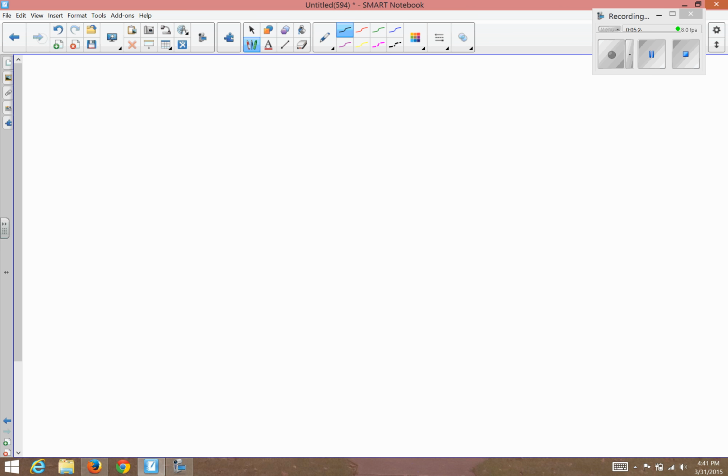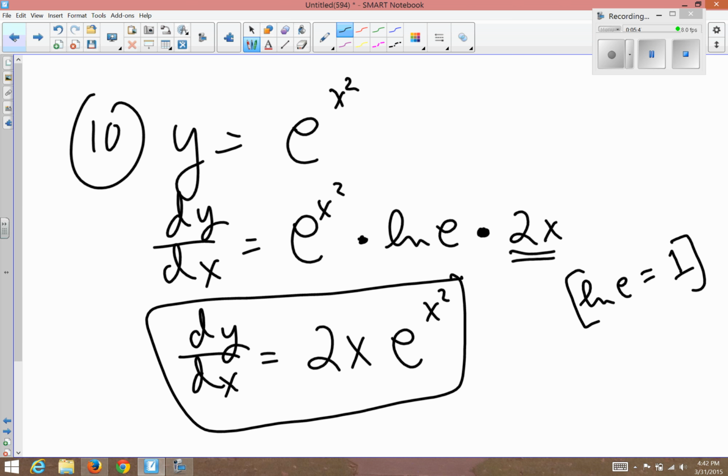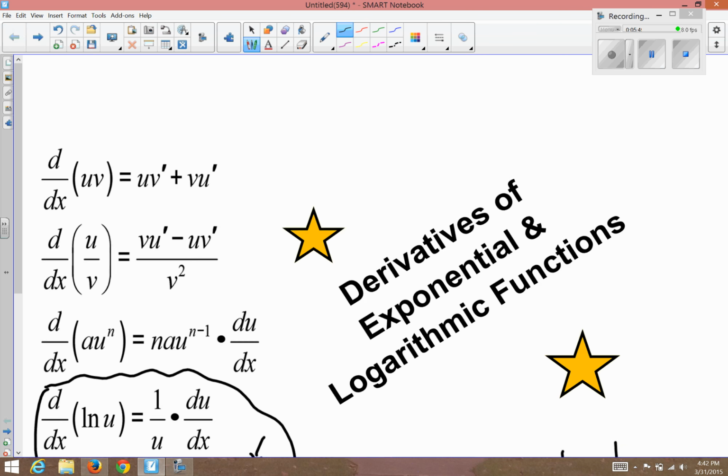And don't be fooled by, for example, number 14, y equals x raised to the 1 minus e. The rule that we just used does not apply because this base is not a number. So we're going to use the rule, way back on the list of rules here.